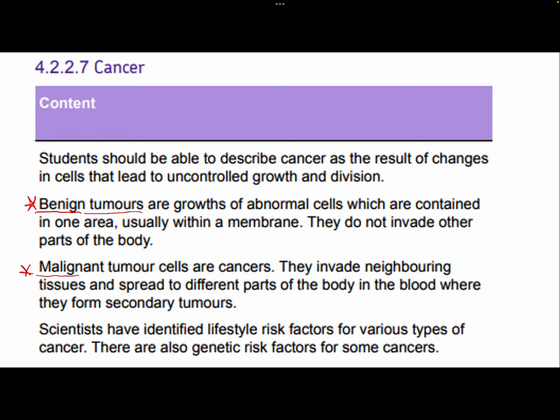Malignant is the other type of tumor, often called the malicious cancer, because it's the one that will spread and invade neighboring tissues and spread to different parts of the body in the blood where they form secondary tumors.